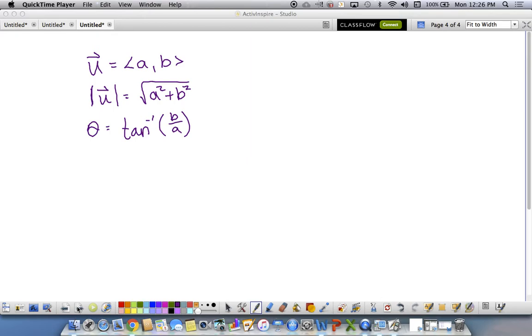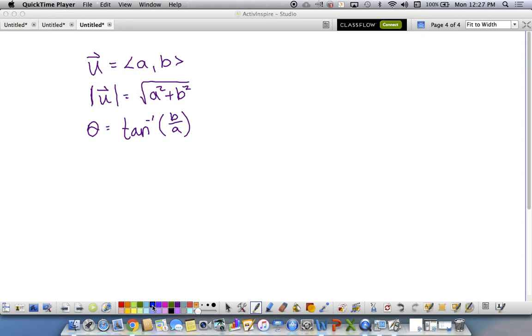Another thing, what if I gave you the magnitude and the direction and asked you to find the components? I would simply say, hey, guess what? There's a formula.